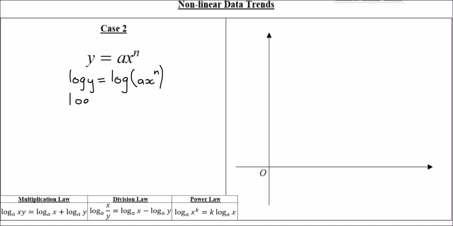So then we can say that log y is going to be log of a plus the log of x to the power n. Now we can use the power law, this one here, to change log x to the n to n log x. And now we're pretty much home and dry.